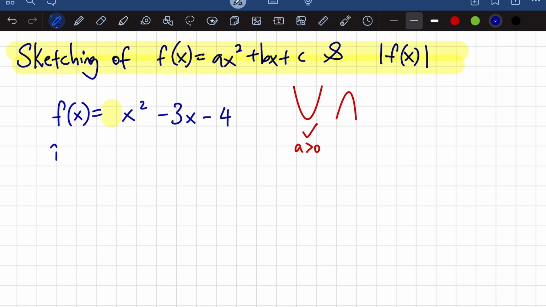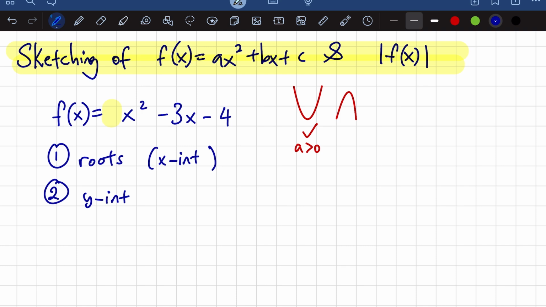We do expect to sketch that shape later on. Now, there are 4 things you need to have before you can sketch any quadratic function. First, the roots, or the x-intercept. There are a few ways to get the roots. You can use the quadratic formula, you can factorize it, equate to 0 and solve, or you can use any other strategy, like splitting the middle term.